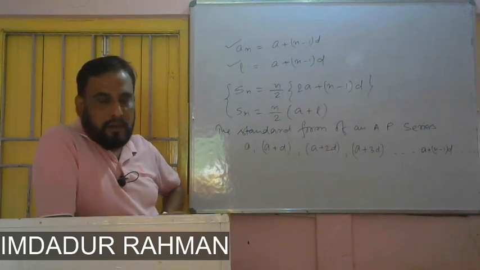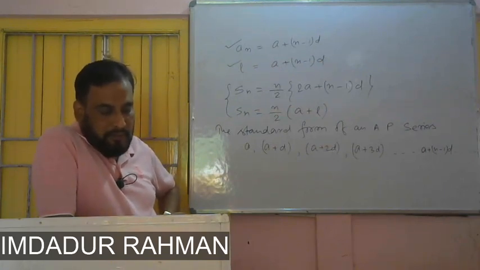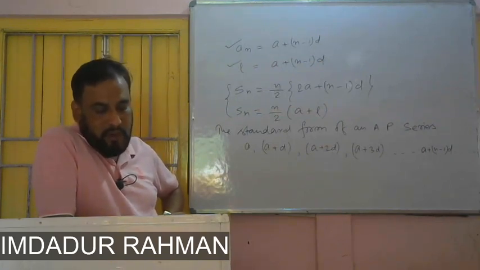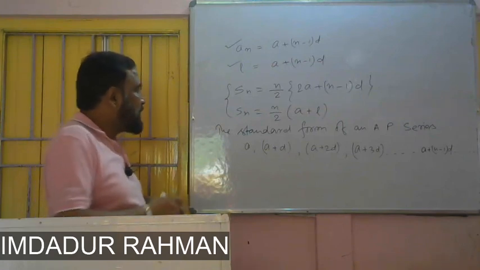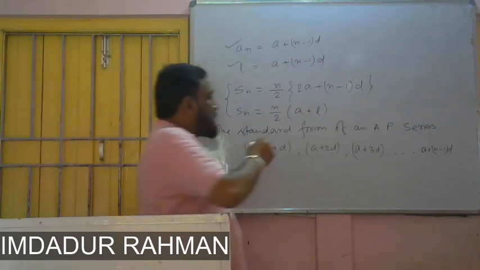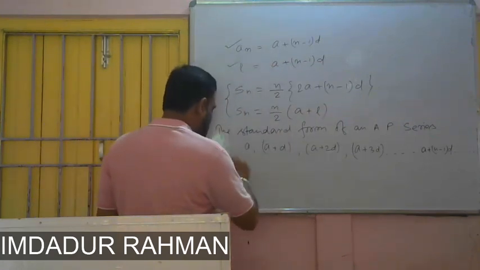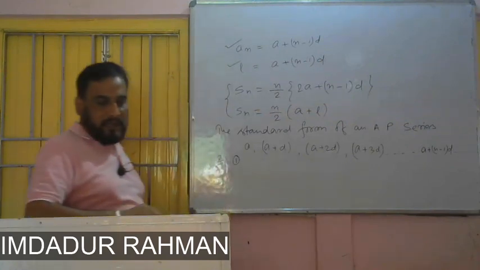Now, question number 2. Write the first 4 terms of the AP when the first term A and the common difference D are given below. So, question number 2, part 1: what is given?